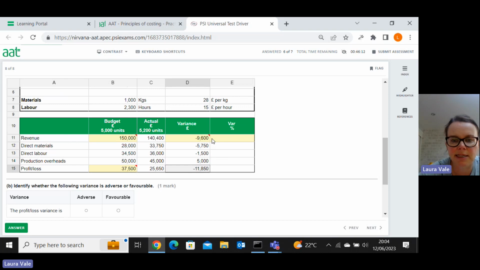So minus 9,600, minus 5,750, minus 1,500, add 5,000.